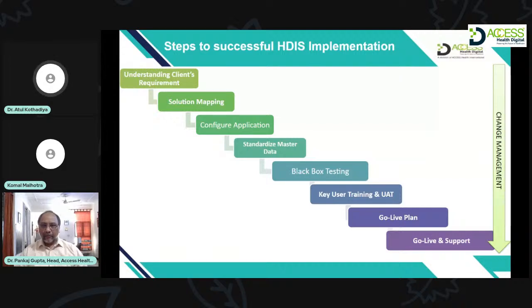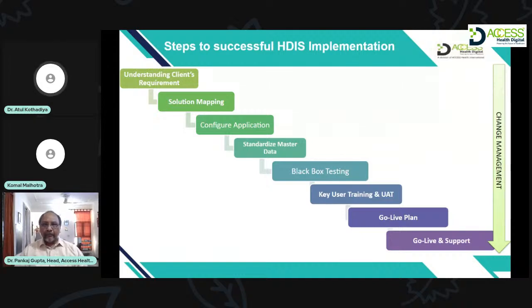When we started giving workshops for all champion users, we realized that lots of requirements were still not captured in the software. When the client selected this vendor, they had given an SRS document, a software requirement specification document, very well written, with 200 plus requirements, and the client and the vendor had already done all the requirements in the software, and that's why the go live date was decided.